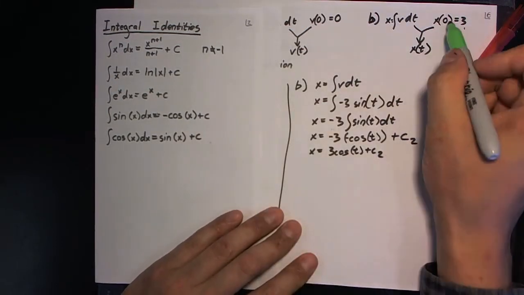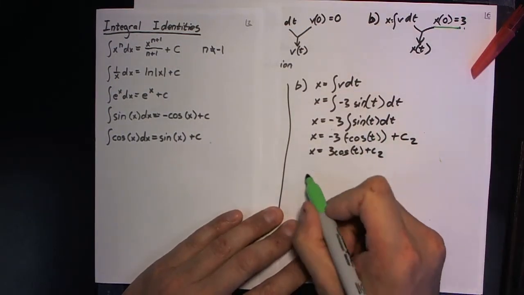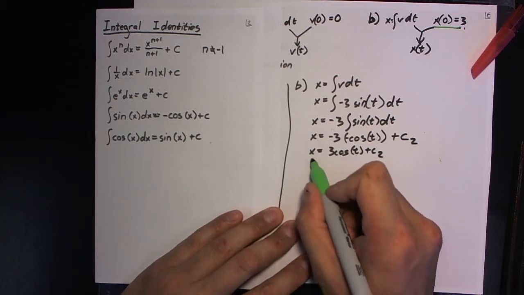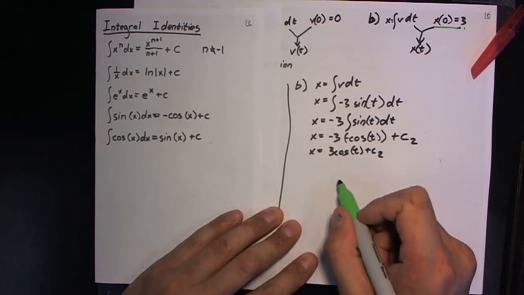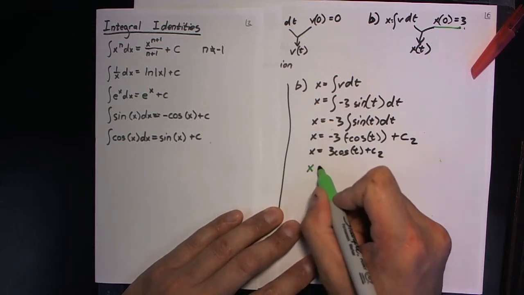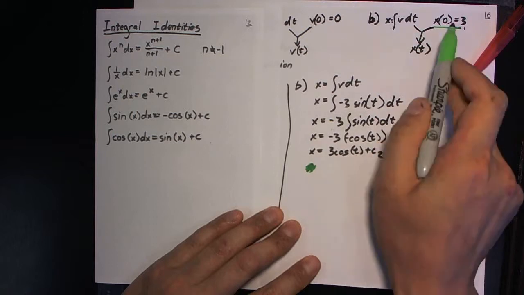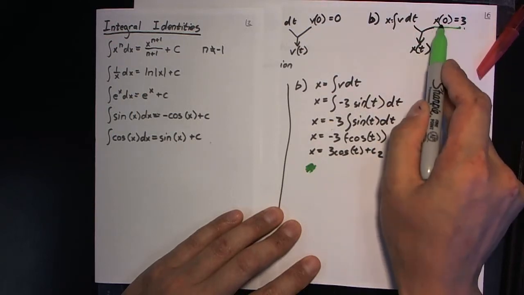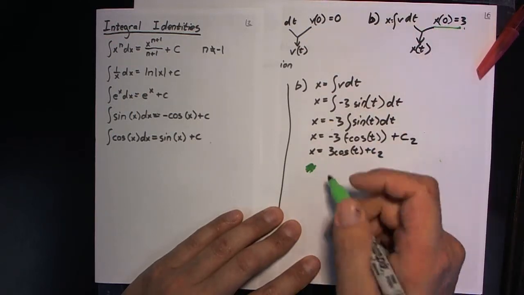Let's plug our known value in order to solve for c, and then we use the c to formulate our specific solution. So, what this says is that wherever we see an x, we put in a 3. Wherever we see a t, we put in a 0.